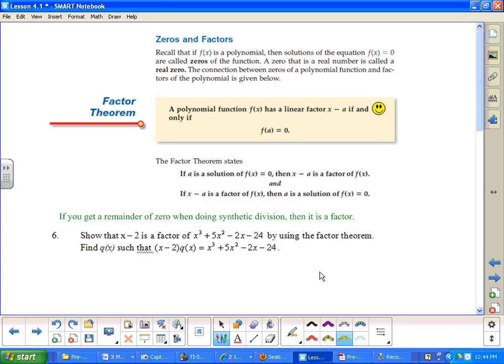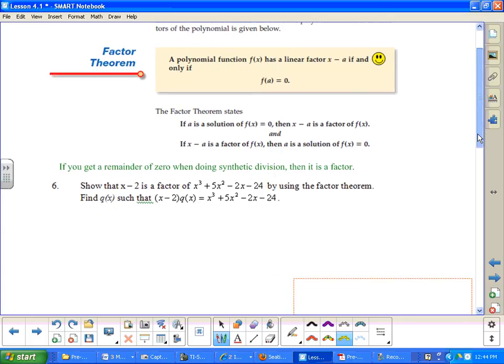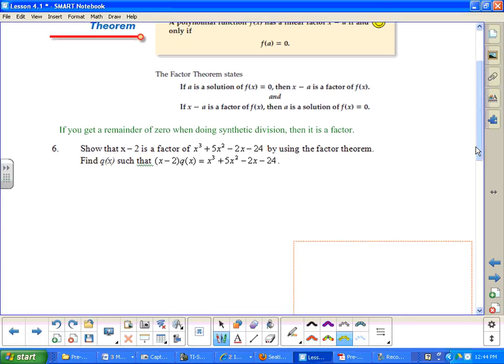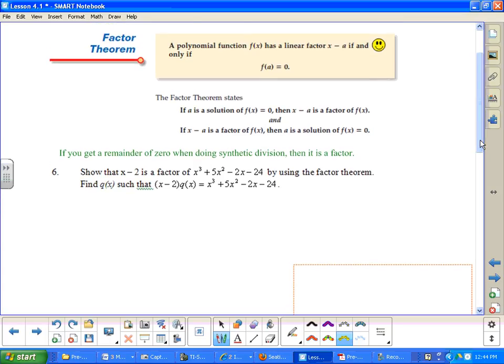Which tells us a lot of things. If I know the zeros, I can write it in factored form. Or if I know that the factor is a 0, that means if I divide, I'm going to get a whole number. So if we get a remainder of 0 when doing long or synthetic division, then we get a factor.